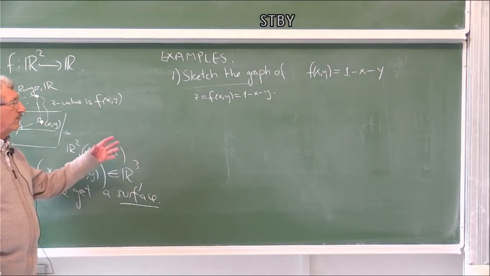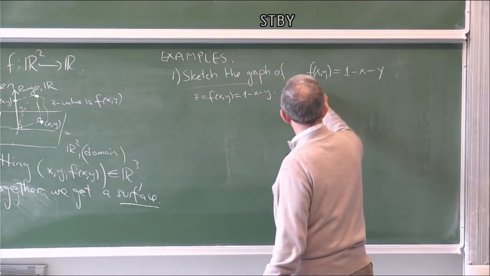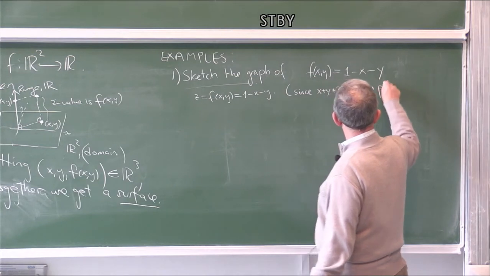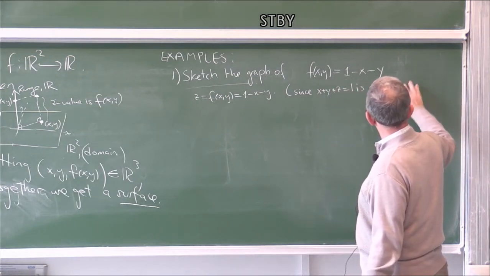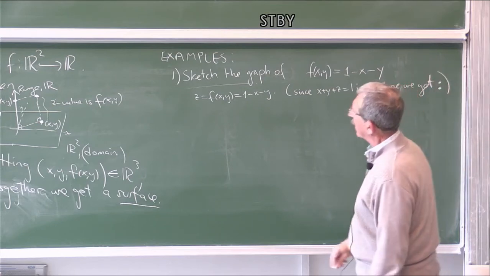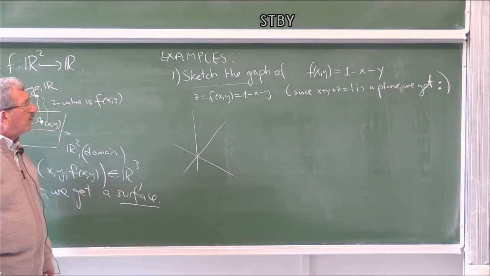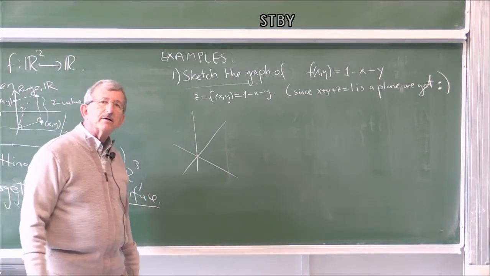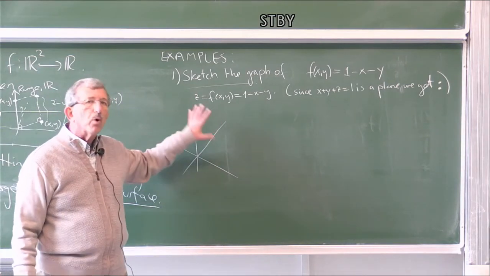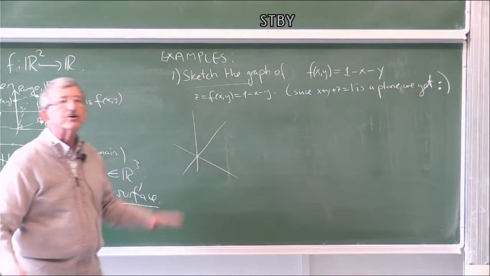Now, we recognize this equation, and we get, of course, a plane. Now, sketching a plane may be problematic, but in some cases, especially if you can show it on top of one of the quadrants, by imagination, we can extend it in all directions.